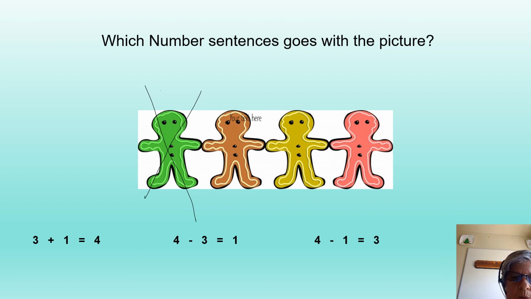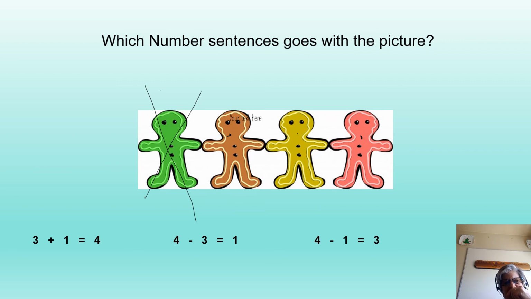Actually, you can't put a dot on the slides. I'm sorry. So this one you just watch. A dot on the first one. A dot on the second. A dot on the third. A dot on the fourth. And I know I have 1, 2, 3, 4 gingerbread men.